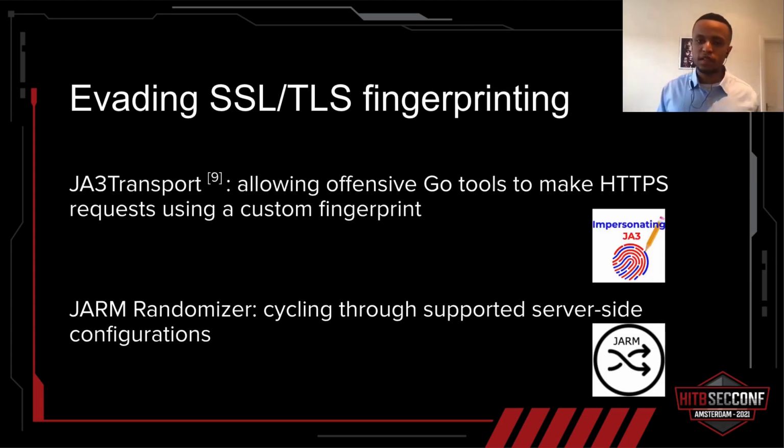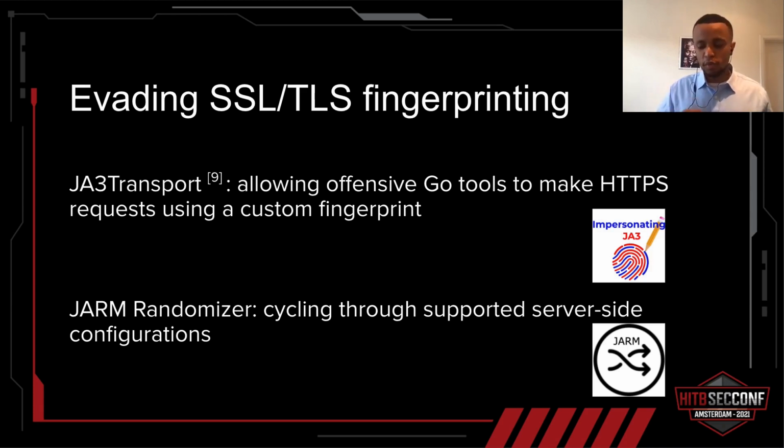So before we get into evading JARM fingerprinting, let's talk a little bit about JA3 Transport. JA3 Transport was presented in 2019 by the CU Cyber team, and it's a Go library that's specifically used to evade client-side JA3 fingerprinting.